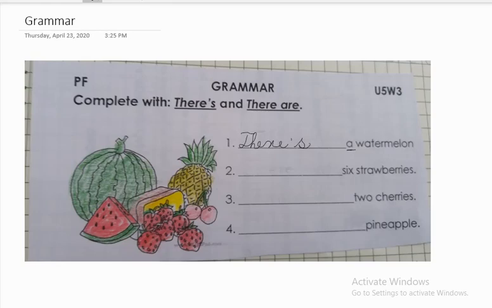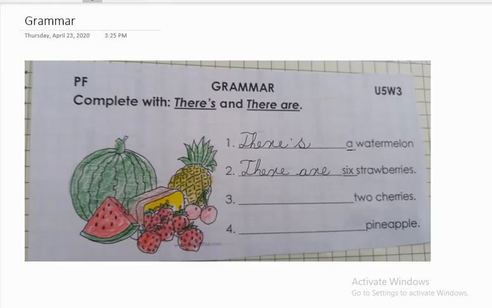As I have already told you, you can write there's instead of there is, okay? So in the second sentence, it says 6 strawberries. It's a plural, so we must complete this sentence by using the are. There are.